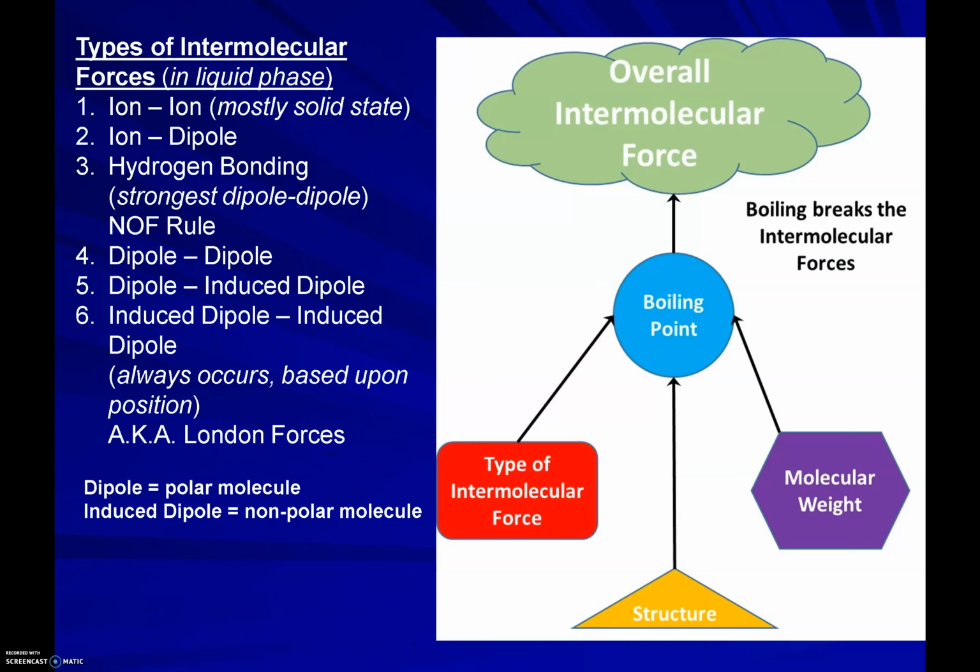And so this page is really an important page to stop at and look at, and it's in your lab. What we have here on the left-hand side are the 6 different types of intermolecular forces. We're going to go through them pretty quickly. But we're talking about the intermolecular forces in the liquid phase, not the solid state.